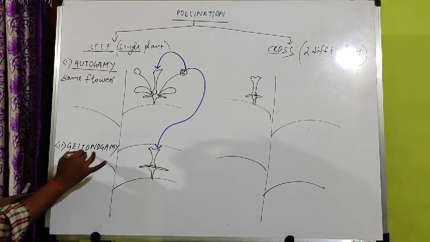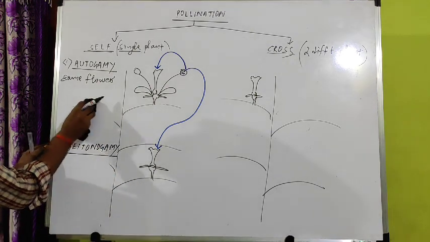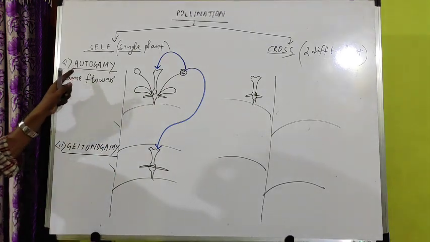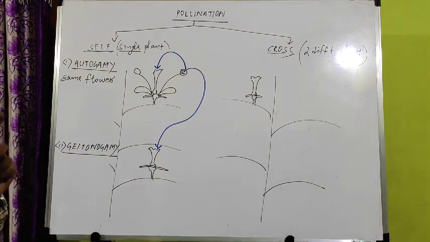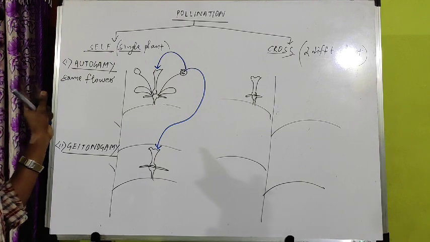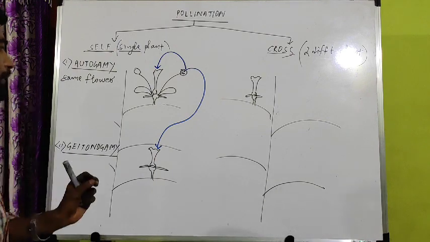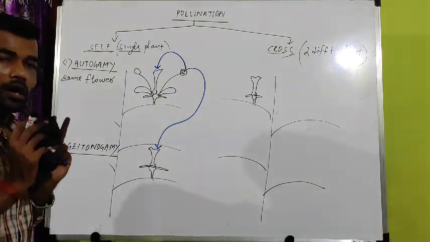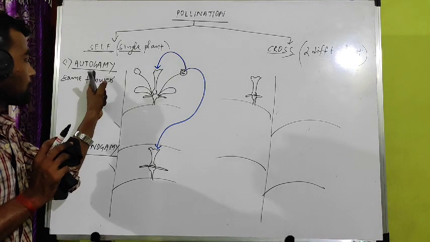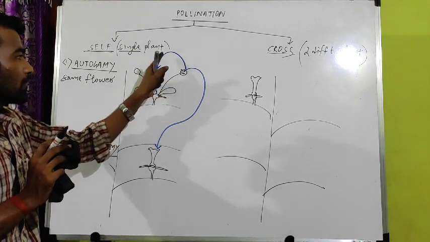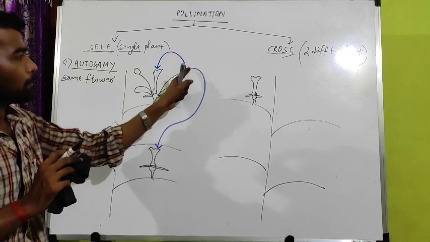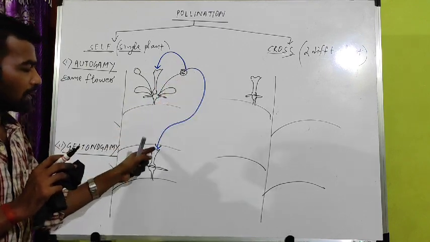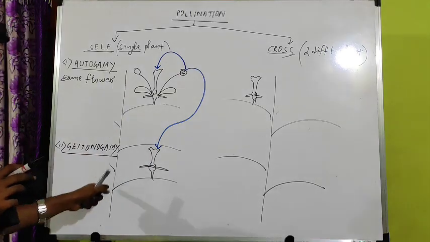So self-pollination is of two types: one is autogamy, another is zetonogamy. You should remember the definitions, and it is very clear. Nothing to memorize, only understand the concept. First, autogamy: transfer of pollen grain from anther to stigma of the same flower. Zetonogamy: transfer of pollen grain from anther to stigma of another flower, but born in the same plant.